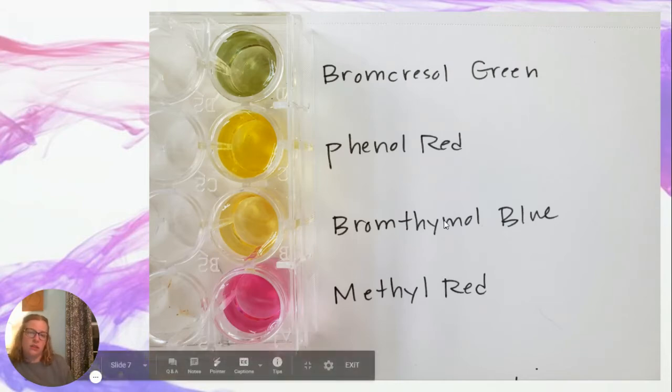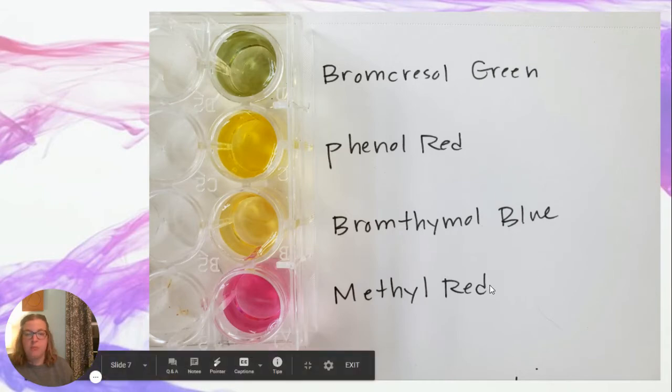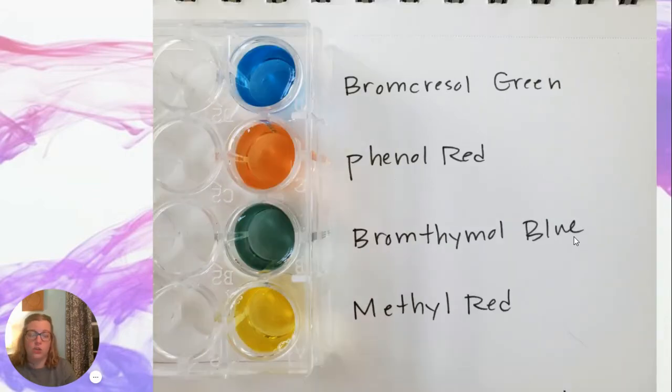So these are 4 indicators at a pH that is lower. This is bromocresol green, phenol red, bromothymol blue, and methyl red. And what happens is if they transition to a higher pH value, they change their colors.